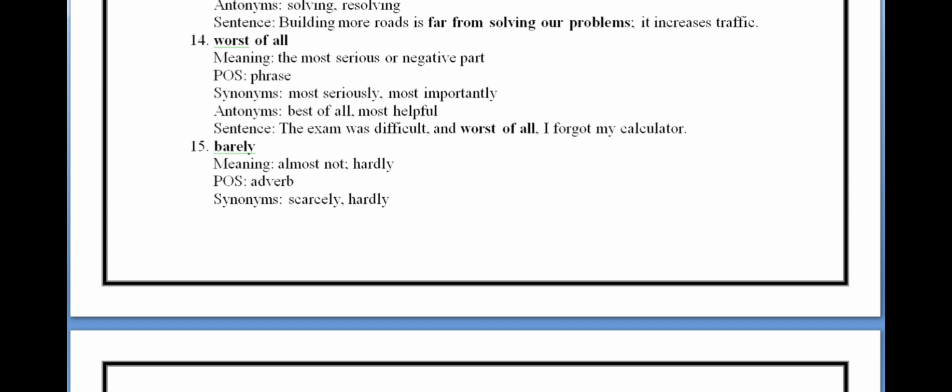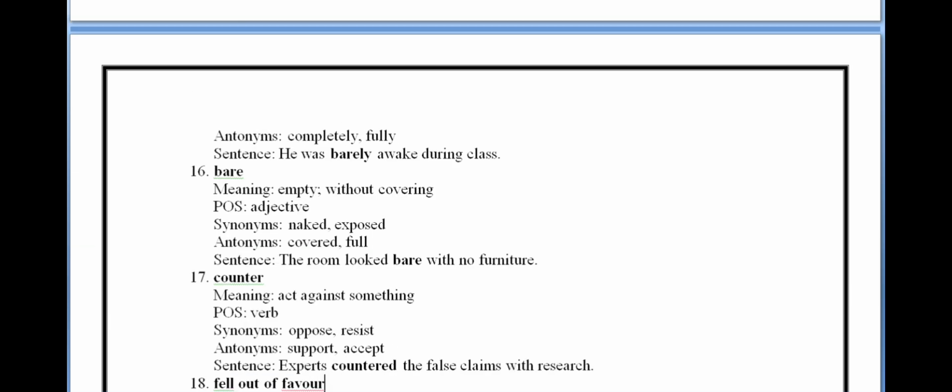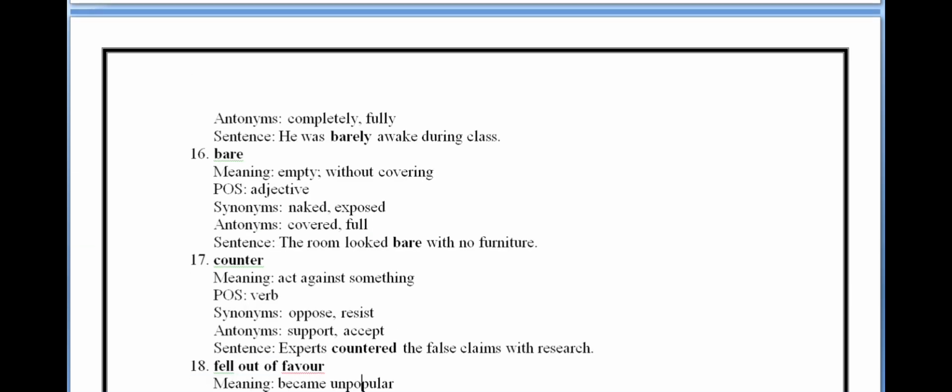As we know, ly words are generally adverbs. Synonyms are scarcely or hardly. Scarcely is very less in amount. Antonyms are completely or fully. He was barely awake during class. That means he was almost asleep.